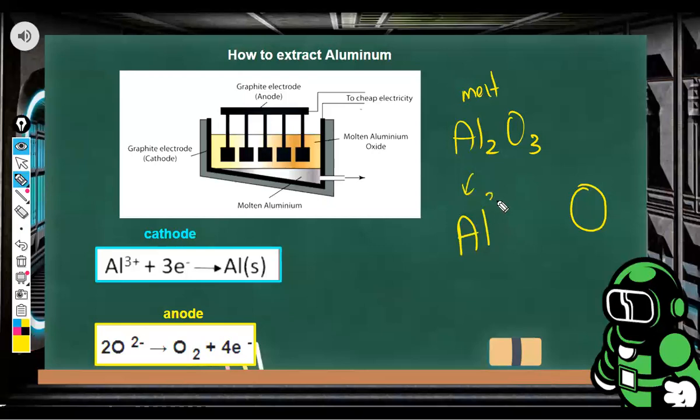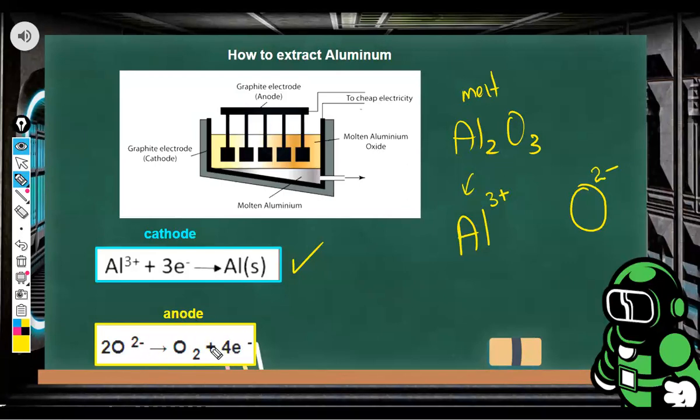Aluminum has a charge of 3+ in this case, and the oxygen will have a charge of 2-. All the charged aluminum will move towards the cathode, and the Al3+ will gain 3 electrons and change to neutral aluminum. That's this reaction. Then the oxygen goes towards the anode, where it loses 4 electrons.